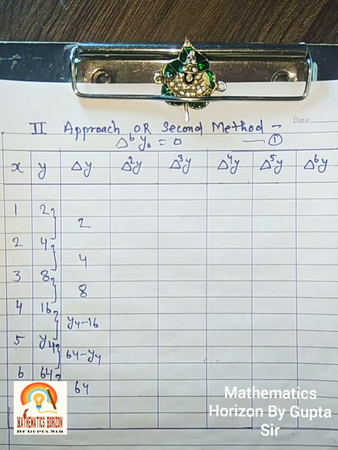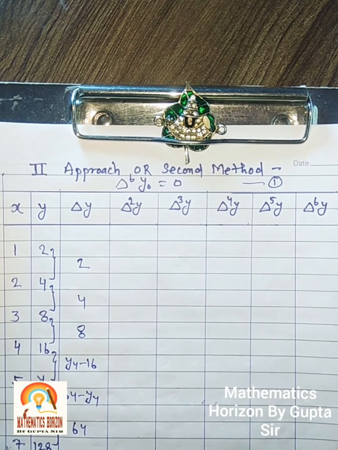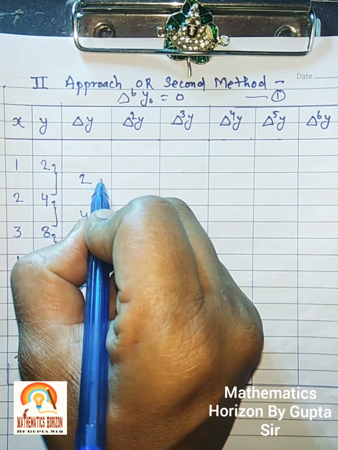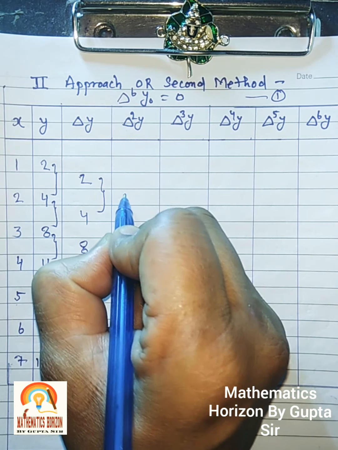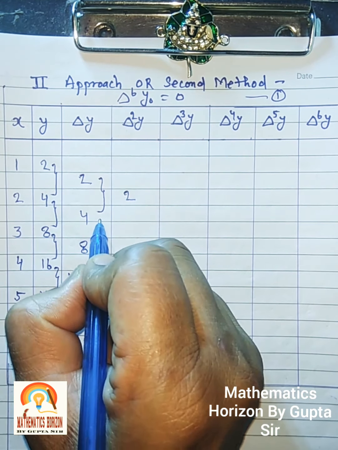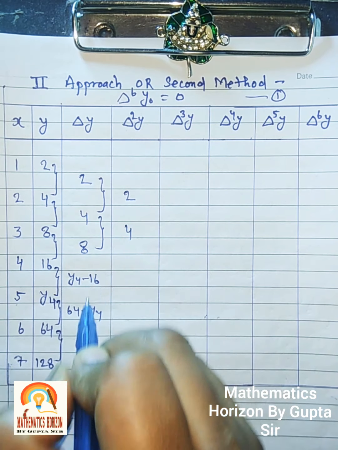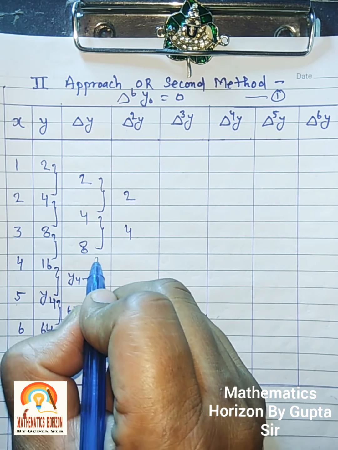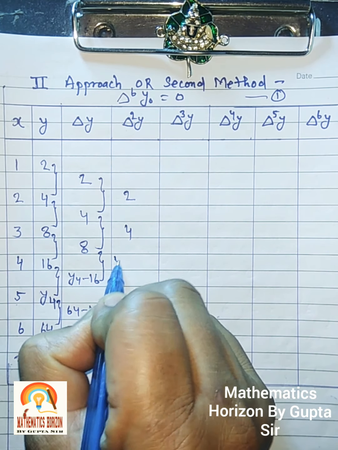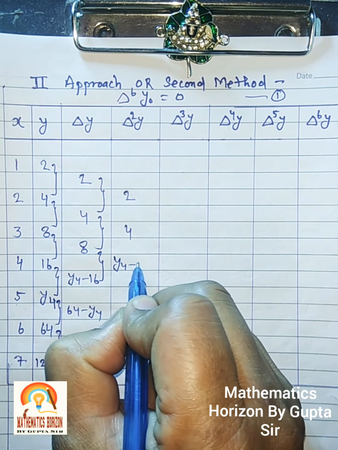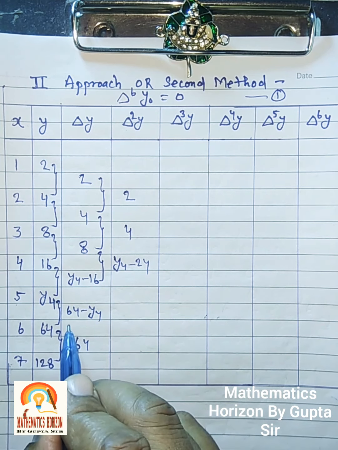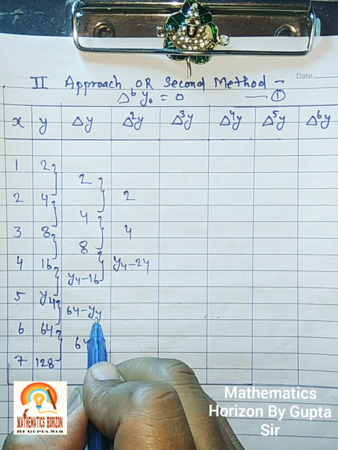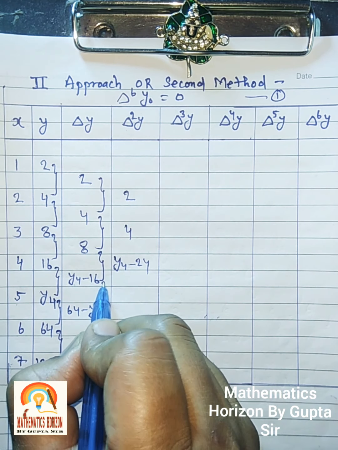Now we calculate differences of second order. 4 minus 2 is 2, 8 minus 4 is 4, y4 minus 16 minus 8, that is y4 minus 24, and the difference of these two, 64 minus y4 plus 16.